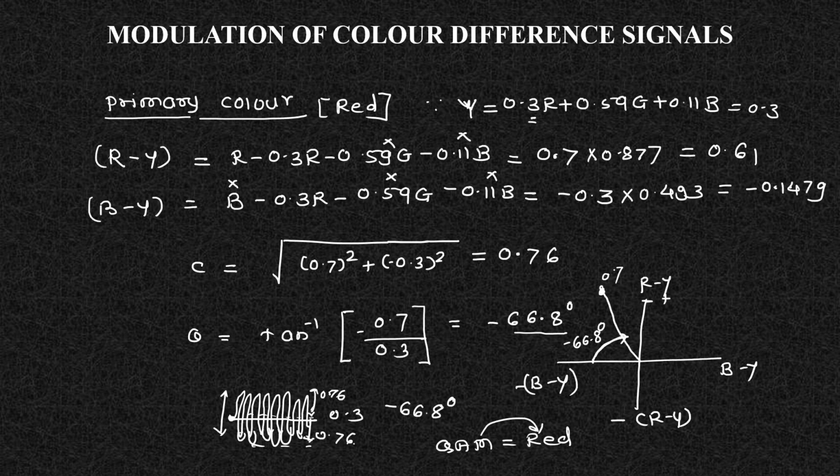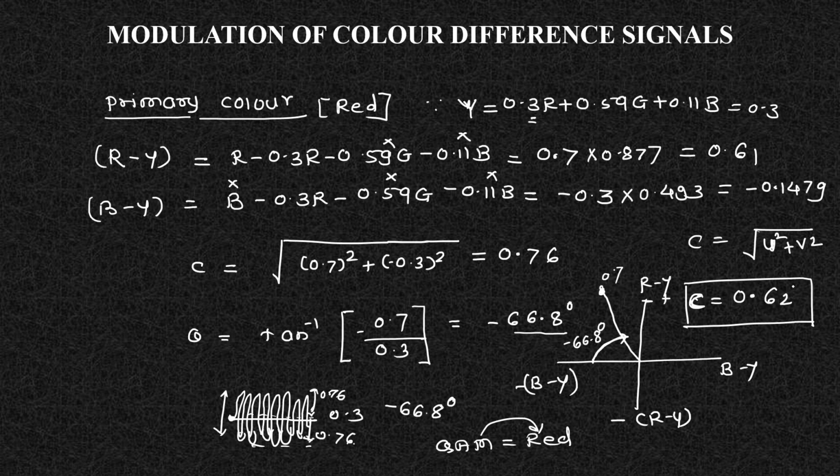If I square these and take the square root to get my color subcarrier, it will be 0.62. So if I put C is equal to square root of U square plus V square, I'll get this 0.62. This is the new color subcarrier amplitude when you are weighing that particular signal.